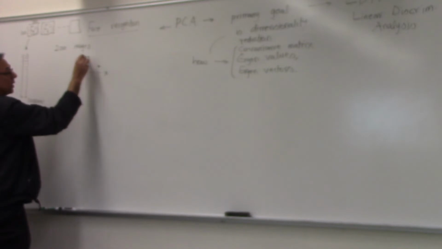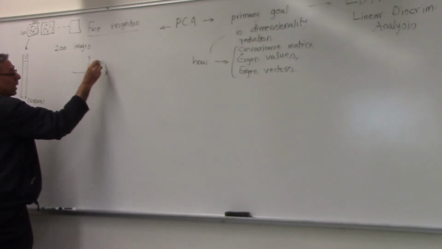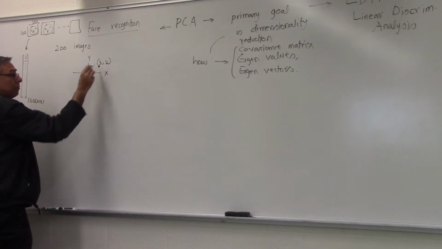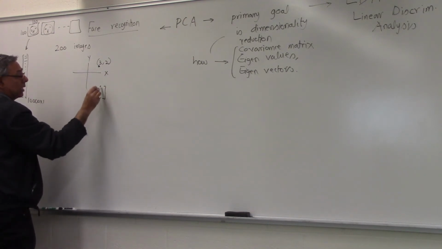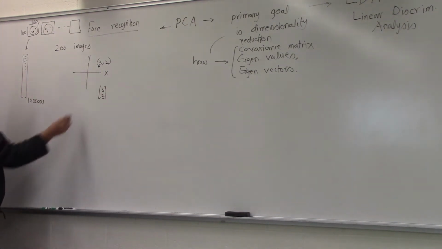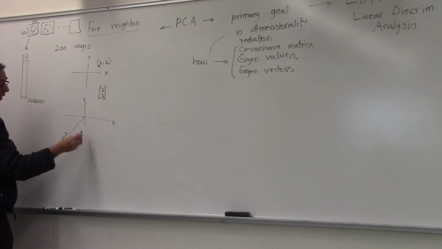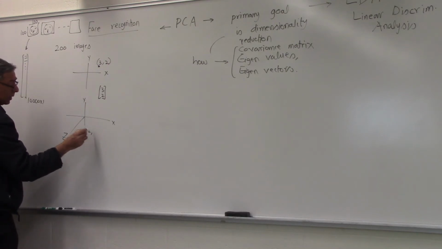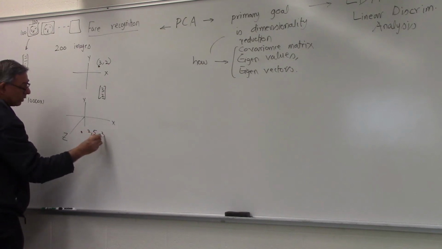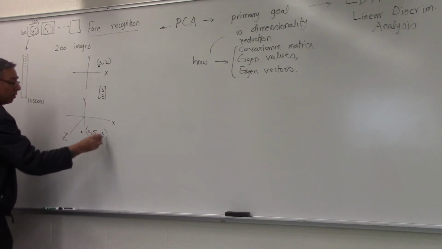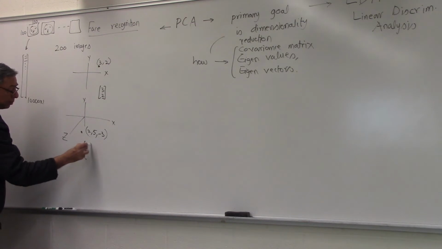One way to think about this: if we have a data point in 2 dimensions with coordinates x of 3, y of 2, alternatively we can represent it by the vector 3, 2. In the same way, in 3 dimensions x, y, and z, a point with x of 2, y of 5, z of minus 3 can be represented by a 3 by 1 vector.